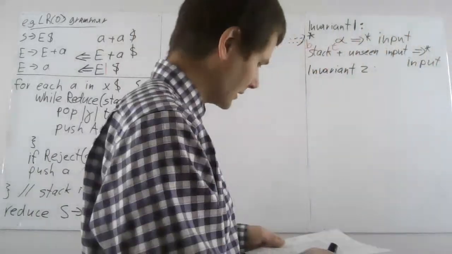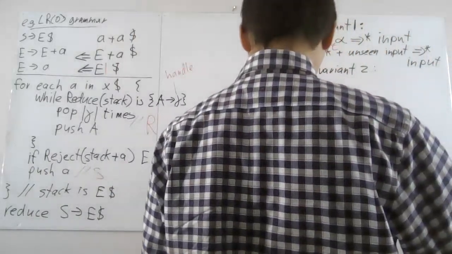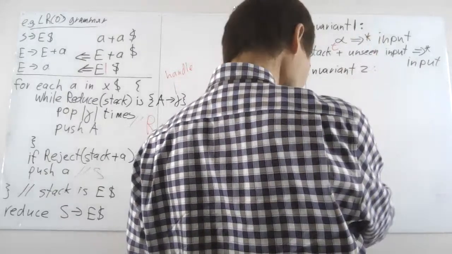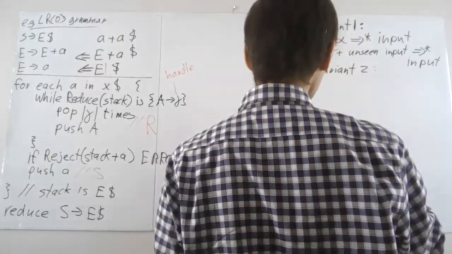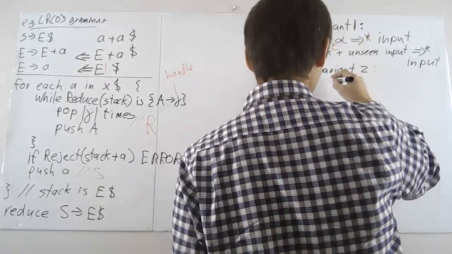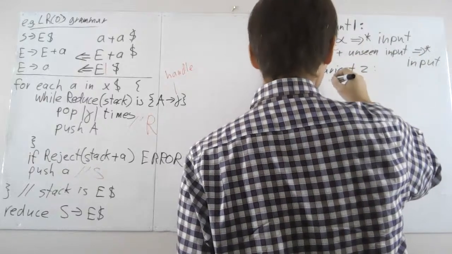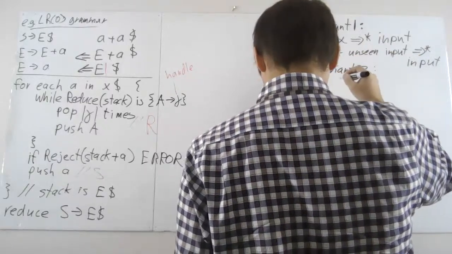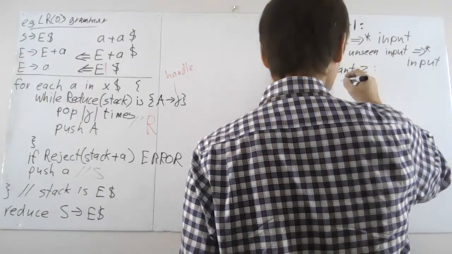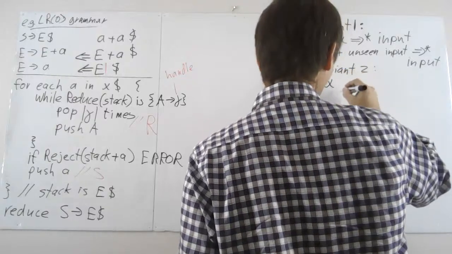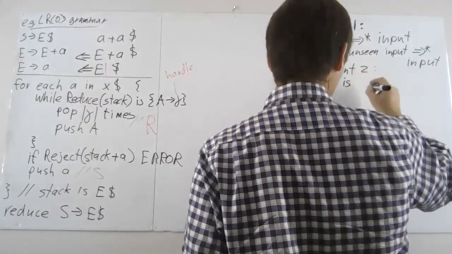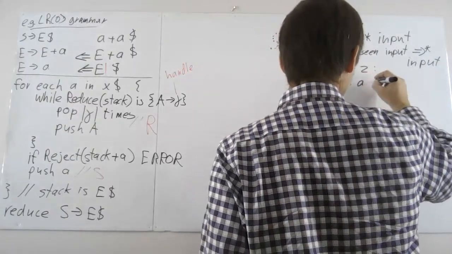So for invariant 2, I'm going to need to make a definition, but I'm going to say that alpha is something called a viable prefix.